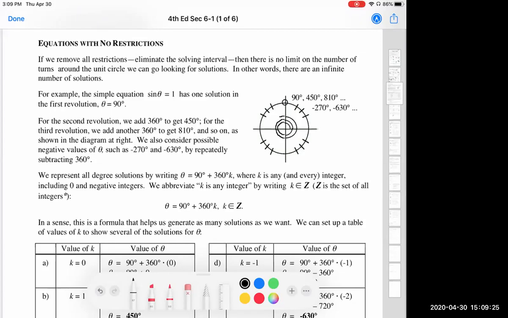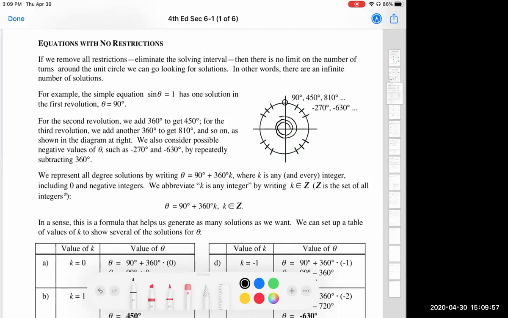For example, a simple equation sine theta equals 1 has one solution in the first revolution at theta equals 90. For the second revolution, we add 360, we get 450. For the third revolution, we add 360, we get 810, and so on, as shown in the diagram on the right. We also consider the possible negative values of theta, such as negative 270 and negative 630, by repeatedly subtracting 360.